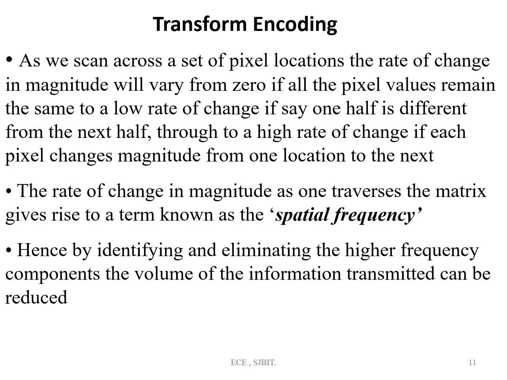So the rate of change in magnitude as one transposes the matrix gives rise to a term known as the spatial frequency. By identifying and eliminating the higher frequency components, the volume of the information transmitted can be reduced.